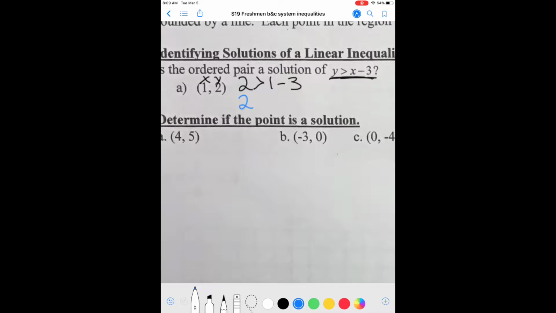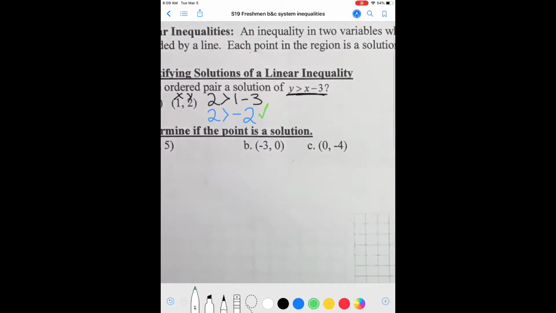So we've got 2 is greater than 1 minus 3, which is negative 2. Well, is 2 greater than negative 2? Yes. So if this statement is true, then the original ordered pair 1, 2 is a solution. So the answer is yes.